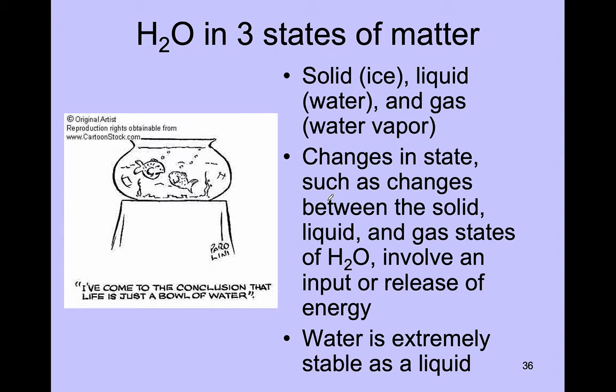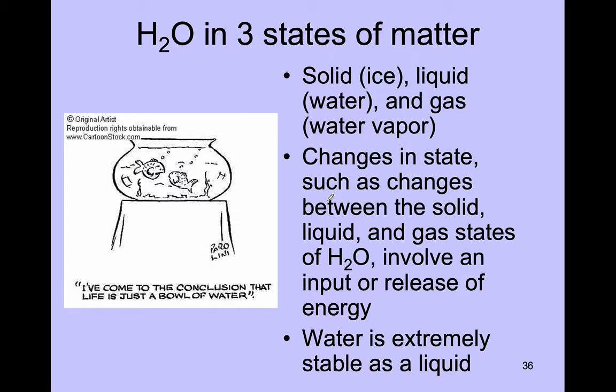An input of energy would take ice to liquid, right? So a solid to a liquid, and even more energy input would turn the liquid into a gas. And then, of course, as gas is cooled, condensation occurs, and the water that's in gaseous form would now become a liquid form. And if we pull even more energy out of those molecules, then eventually we could freeze it and it would be ice.